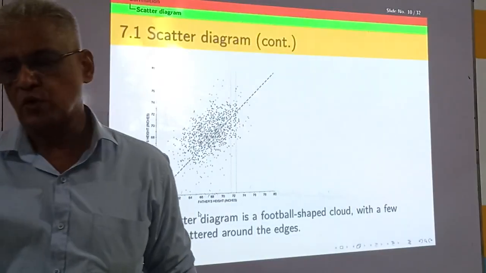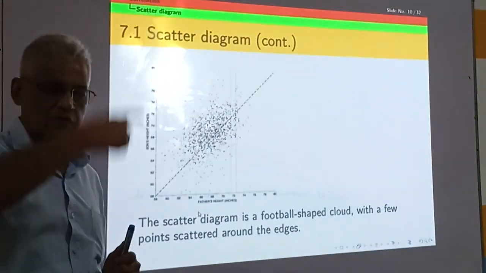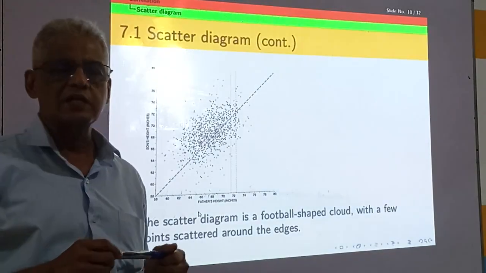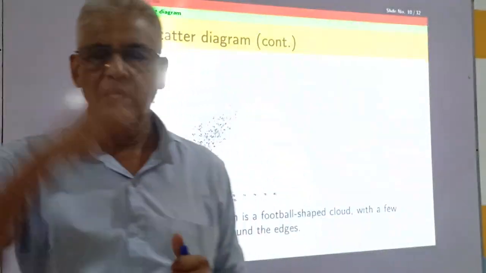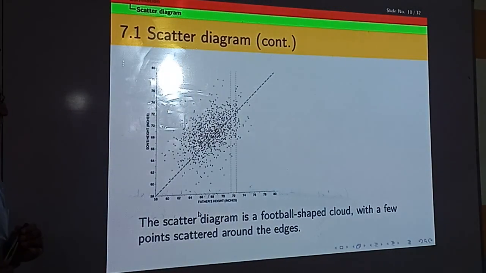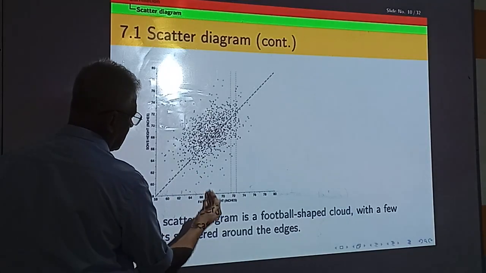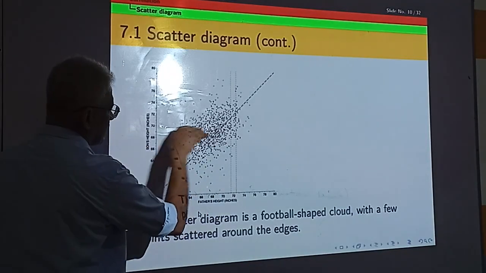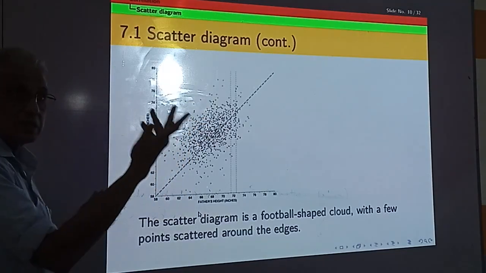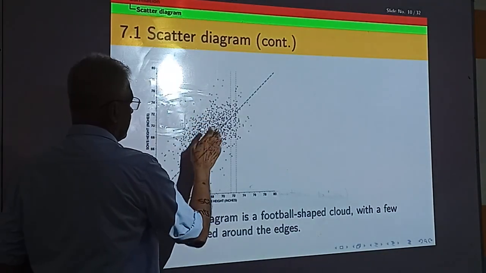For each x you have a y, but you can calculate the mean of x values as well as the standard deviation of x values separately, and the mean of y values and standard deviation of y values. The mean of x values will be somewhere here in the middle. The mean of y values will be somewhere here. So the point (x bar, y bar) will be somewhere in the middle there.